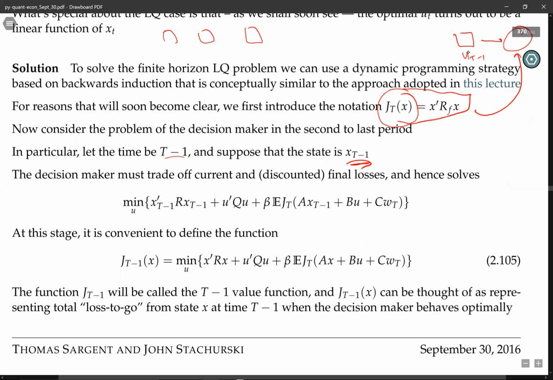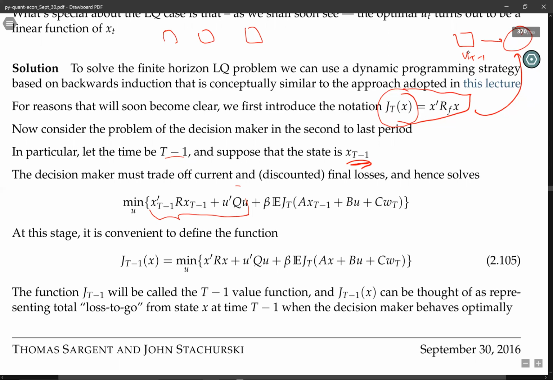The decision maker wants to minimize what he's going to get this period, the loss from the state this period, plus this quadratic term in his control, plus beta times the expectation. And if there's no w, we can just ignore the expectation, times J_t of next period's state.